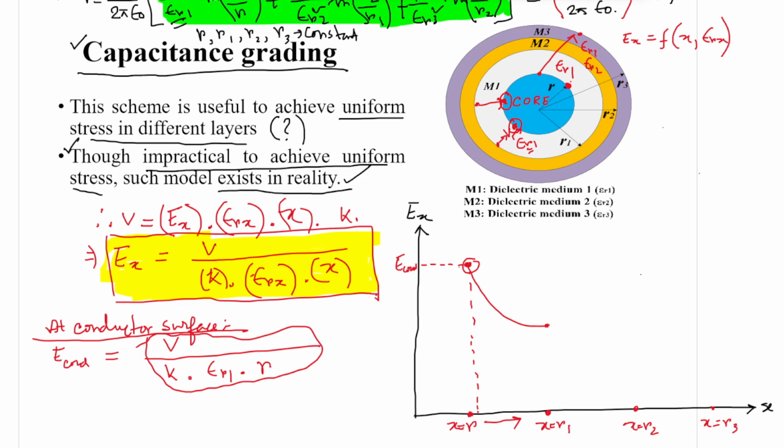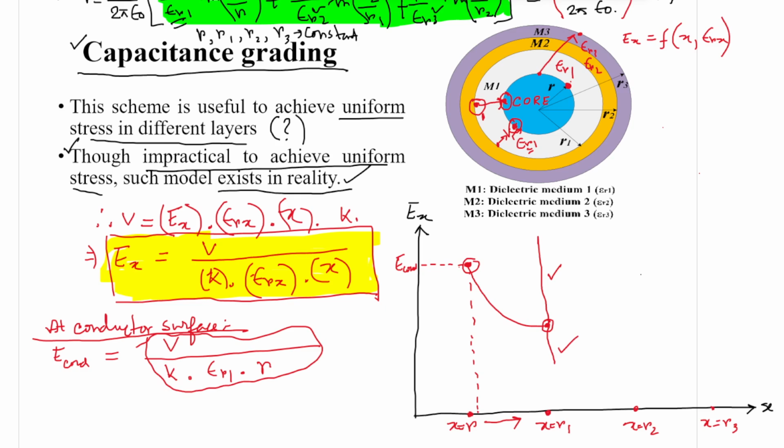In this way the electric stress drops a little, and at some point it reaches conductor-dielectric interface 1, let us say this is point number 1. At this point, a sudden jump is observable, either in this direction or in this direction. Both are possible.